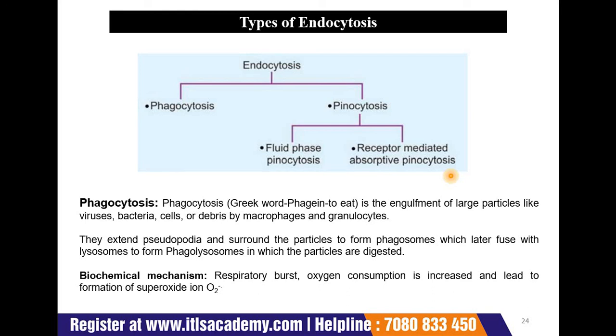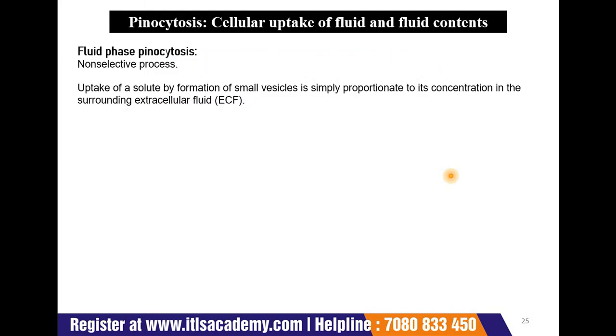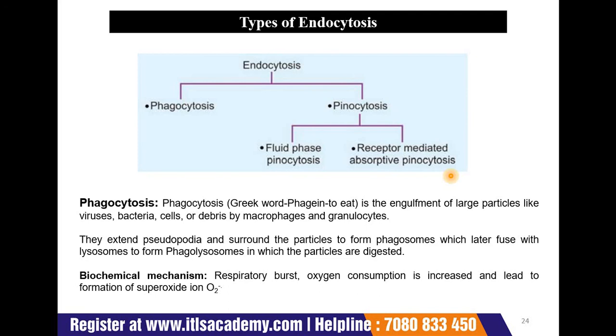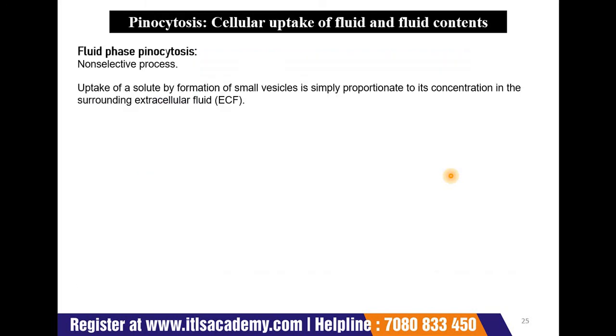These pseudopodia are basically the 'false feet' and surround the particles to form phagosomes, which later fuse with the lysosome and result in the formation of phagolysosomes, in which there is a pH change and the particle starts getting digested. This biochemical mechanism takes place through a respiratory burst: oxygen consumption is increased and leads to formation of a lot of superoxide ion, O2-.